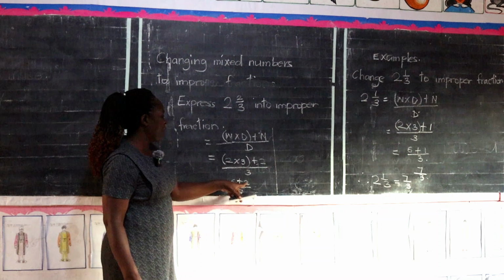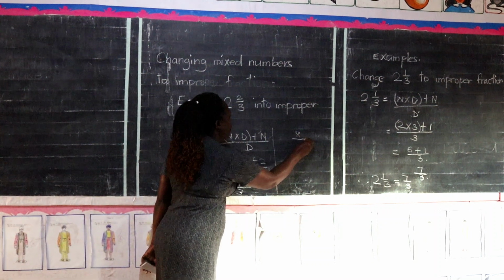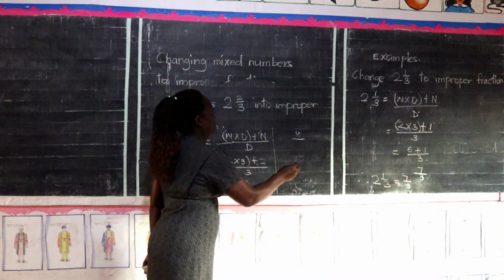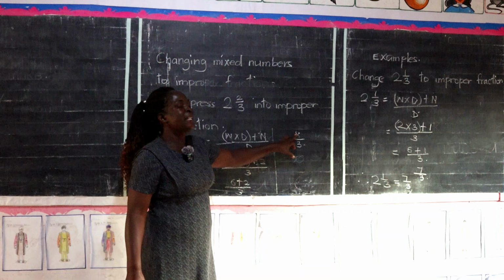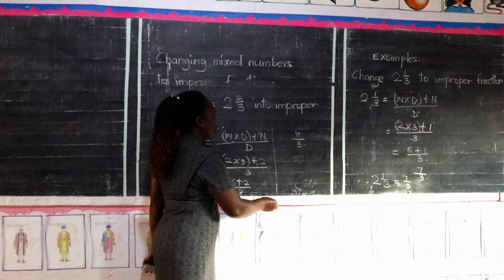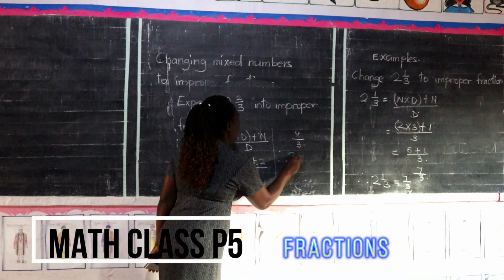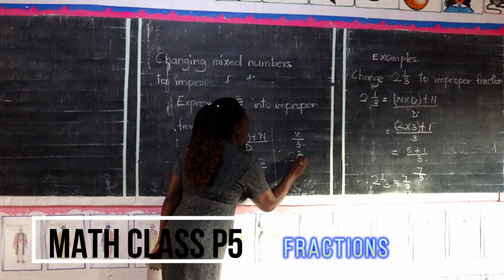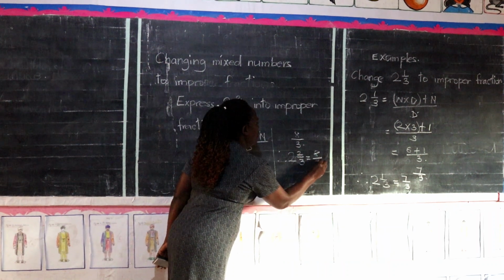So 6 plus 2, we get 8 out of 3. So you find that the numerator is greater than the denominator. Therefore, conclude and say, therefore, 2 whole number and 2/3 equals 8 out of 3.